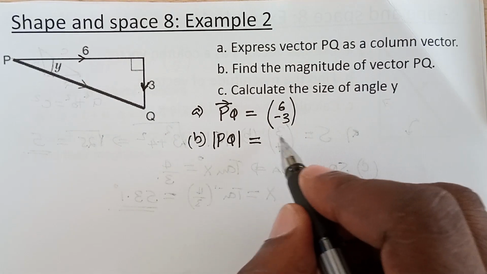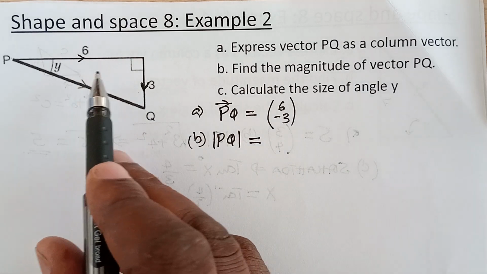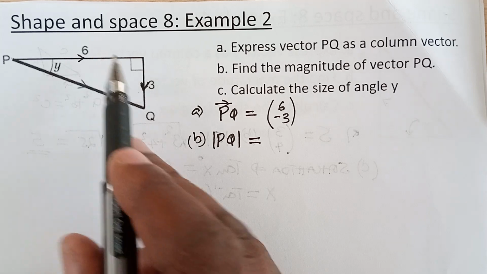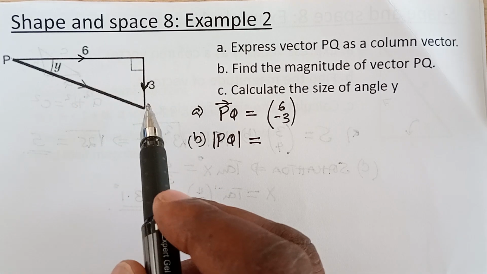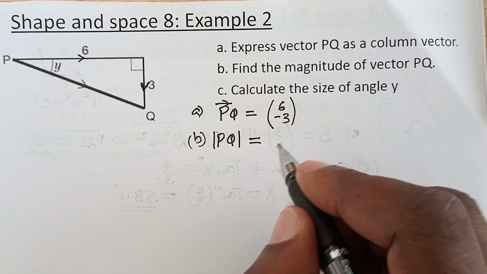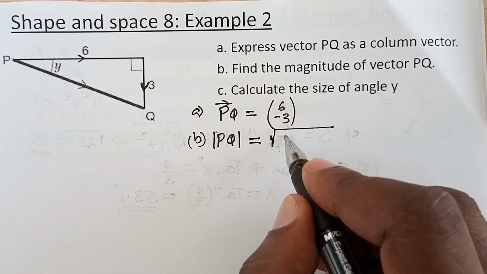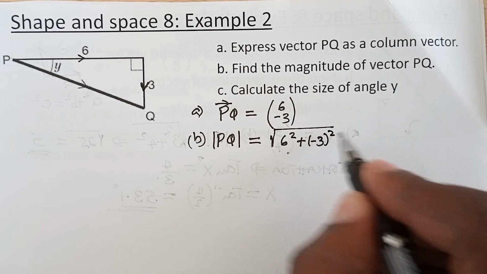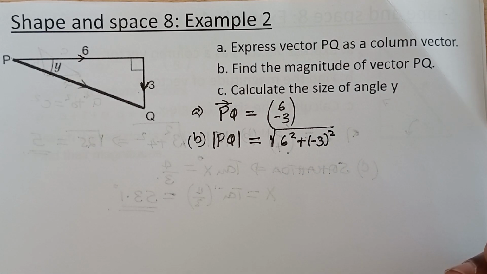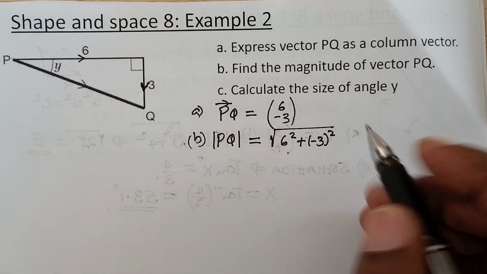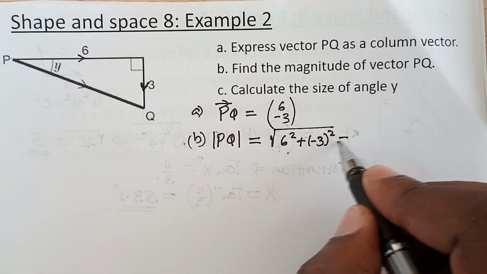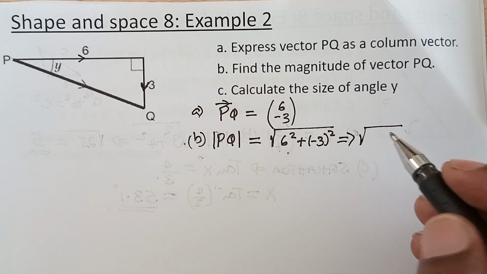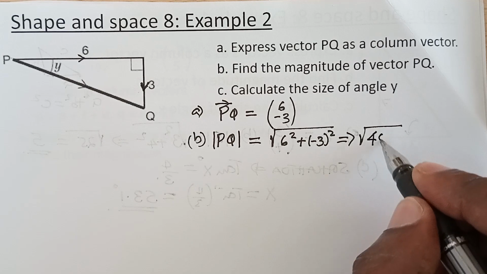The magnitude of PQ is the square root of 6 squared plus -3 squared. Note that anytime we square a negative number, it becomes positive, so there is no problem with that. So this is the square root of 36 plus 9, which is the square root of 45.